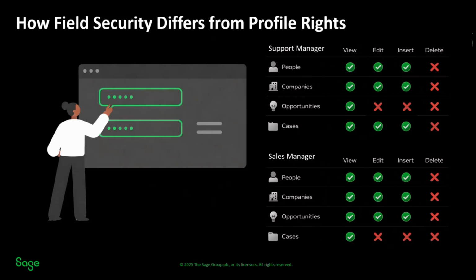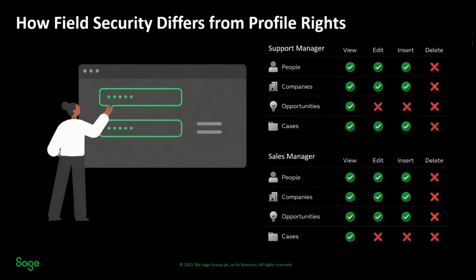Each security profile determines, for which entity you're working on, what are the insert, update, delete rights and the access to that entity. That's at the level of the entity.